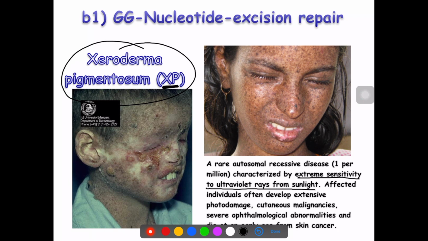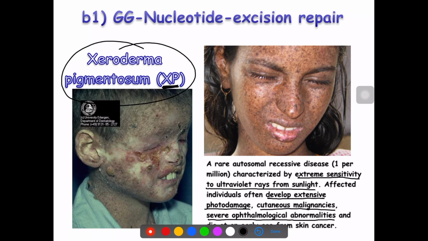And the main manifestation of this very high sensitivity is the development of extensive photo damage in any region of the body that has been exposed to UV light, and that leads to the formation of cutaneous malignancies and severe ophthalmological abnormalities.